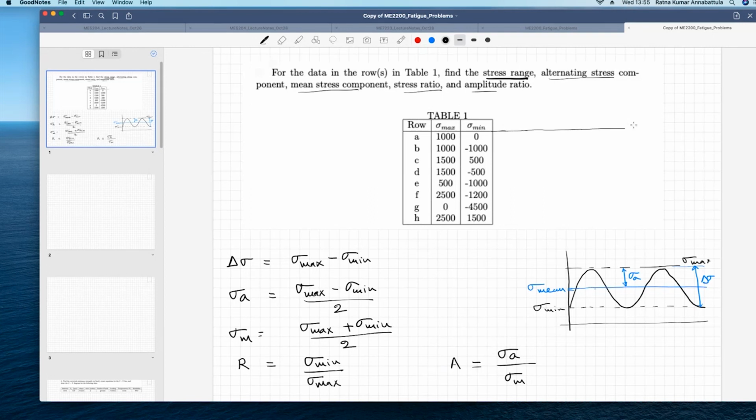I am extending this table. It will directly calculate there, right?